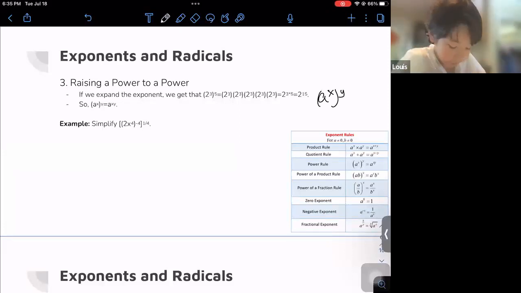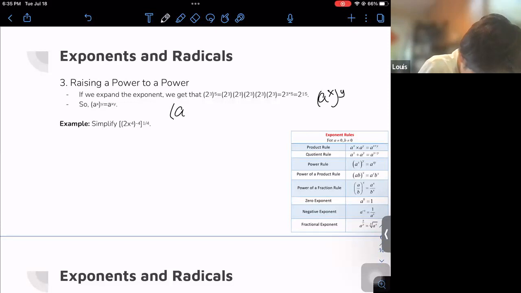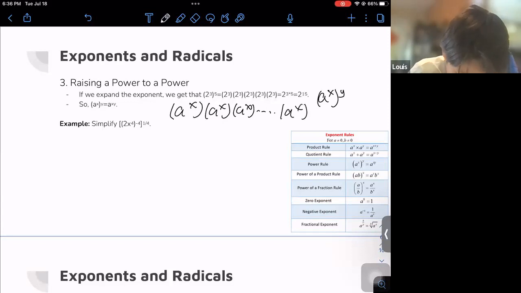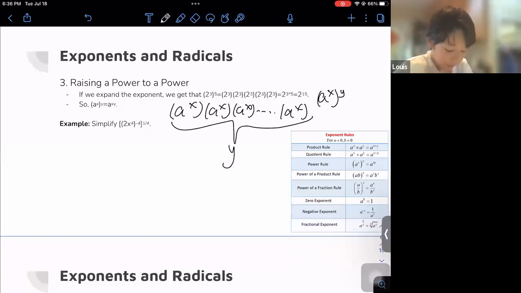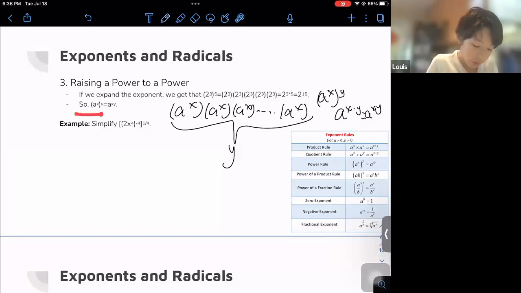So we just have a to the x times a to the x times a to the x times dot dot dot times a to the x, where a to the x is multiplied y times. So this would just be a to the x times y, which is a to the xy, which is the one right here.